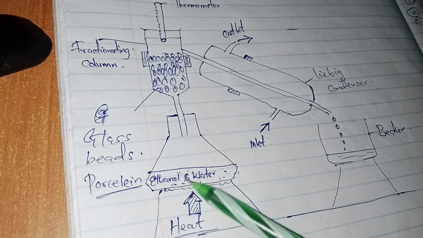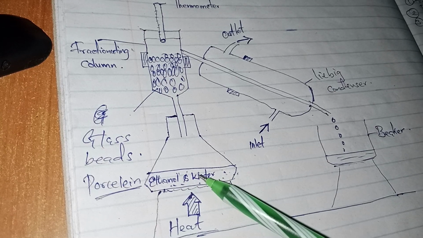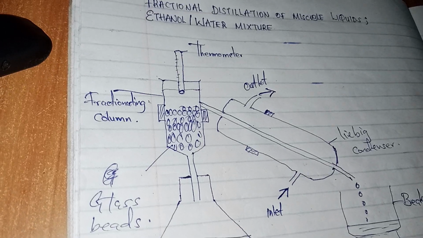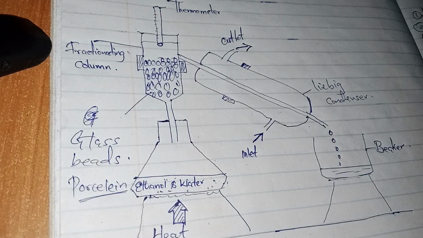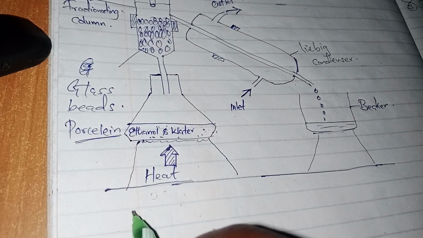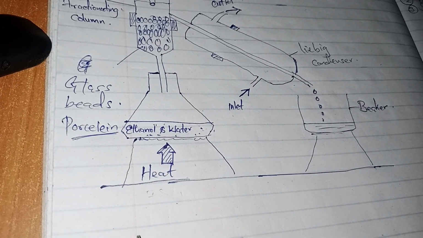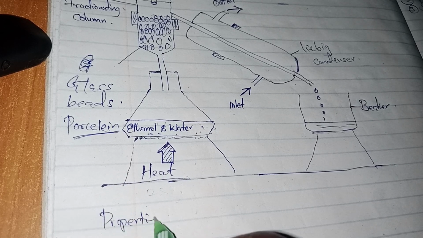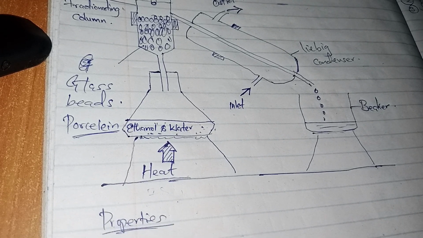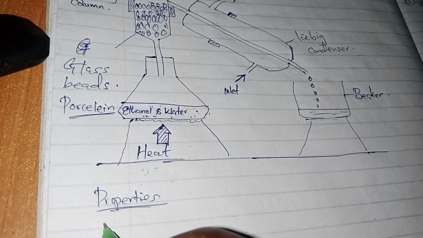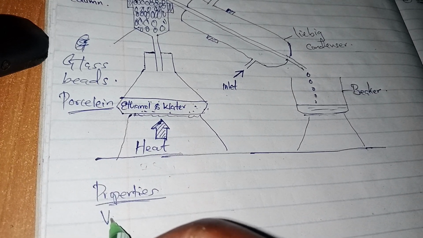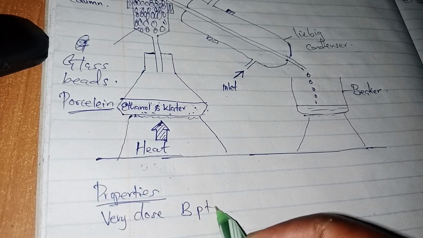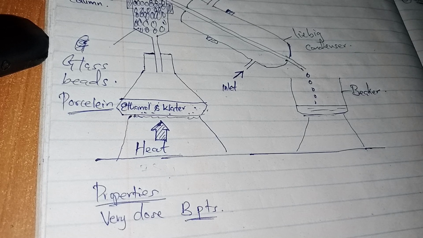Now, ethanol and water, why are they separated in this manner of distillation? Because for distillation to occur, the mixtures must have certain properties, and this property is that they have very close boiling points.